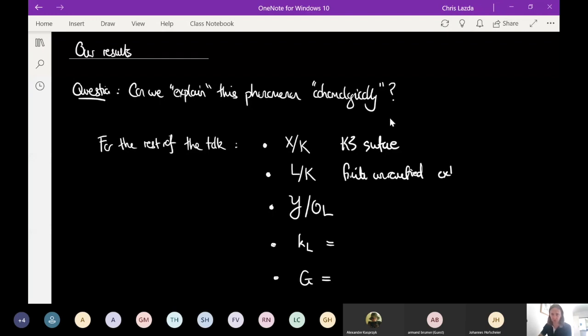So I can take a smooth model curly Y for the base change of X to L. I'm going to let little kl be the residue field of capital L, and G be the Galois group of L over K, which is also the same as the Galois group of residue fields.